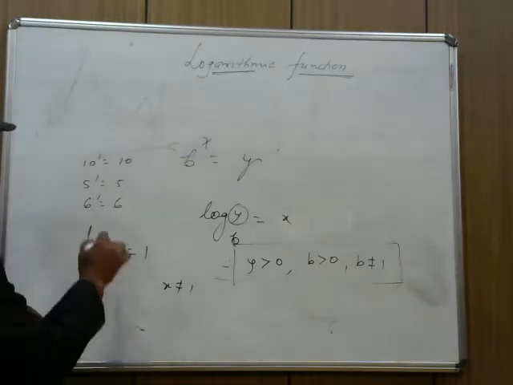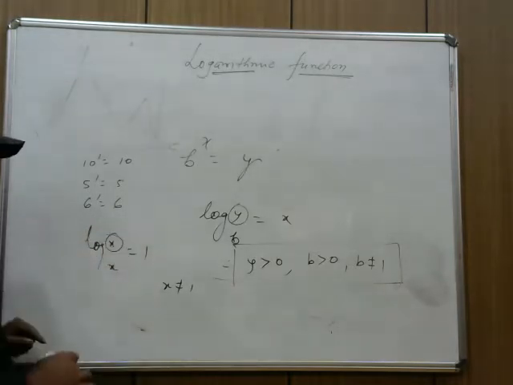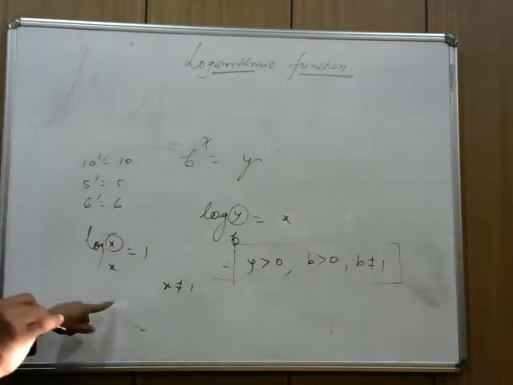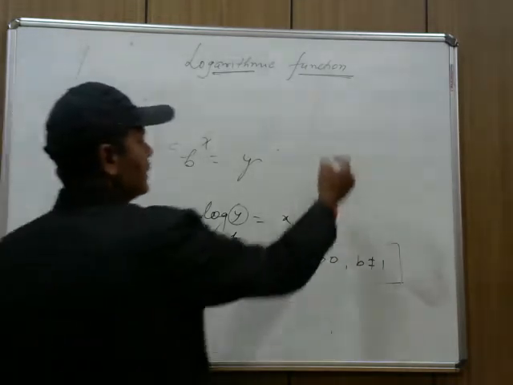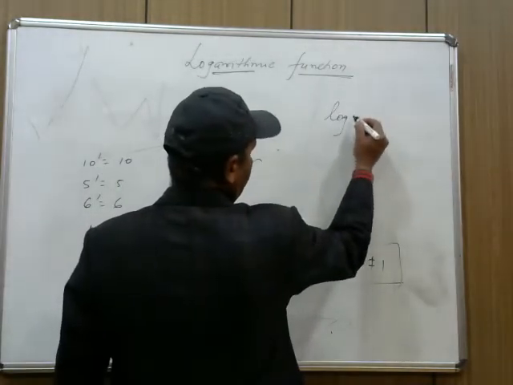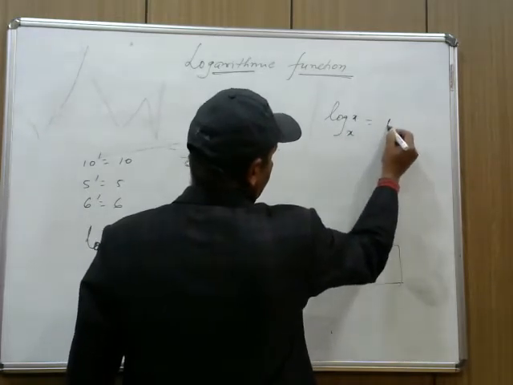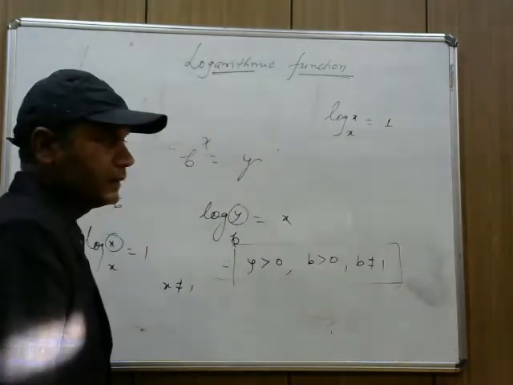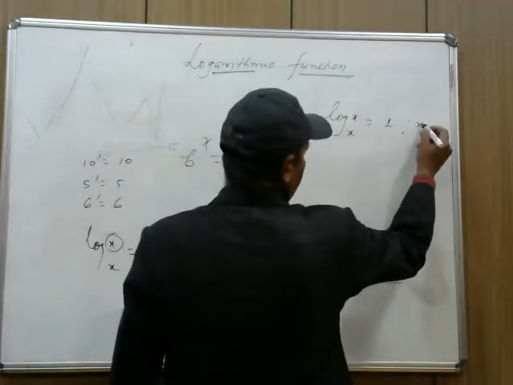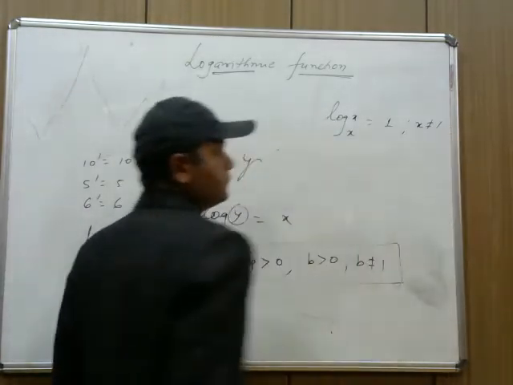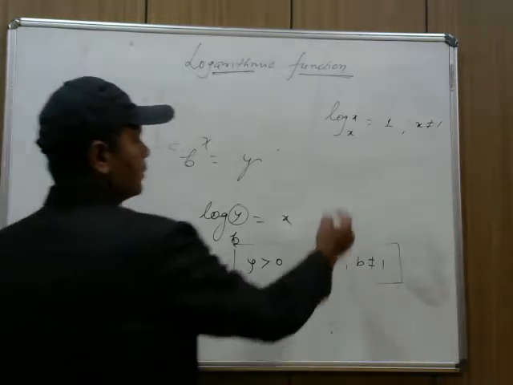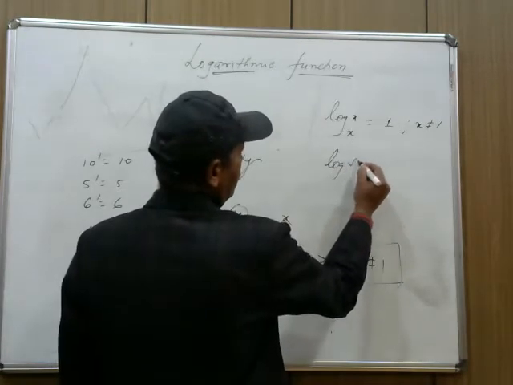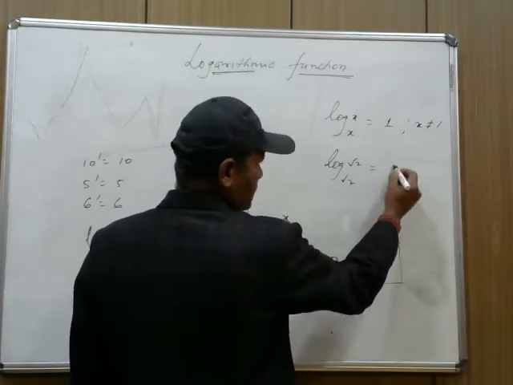Therefore, if for any number we are finding the log and the base is the same, then its value will always be 1. Very, very important. That means I can now write log of x to the base x is equal to 1, where x is not equal to 1. Except that, for any value of x it is true. Suppose I have to find the value of log of root 2 having base root 2, the answer will be 1.